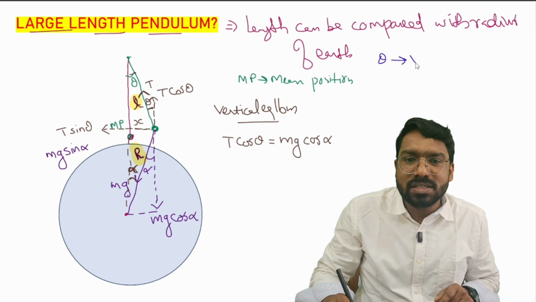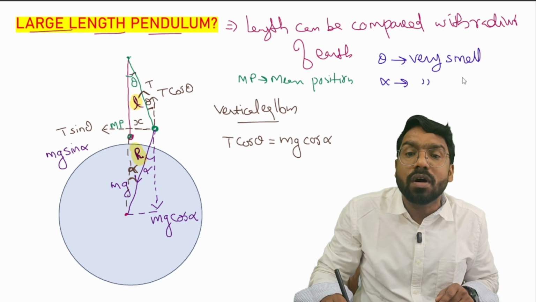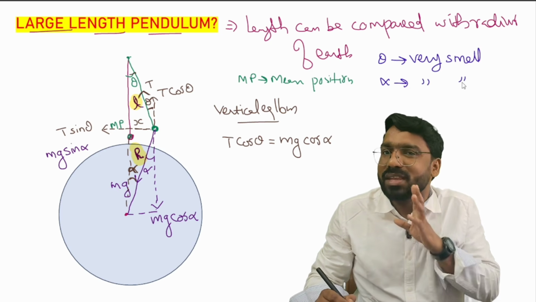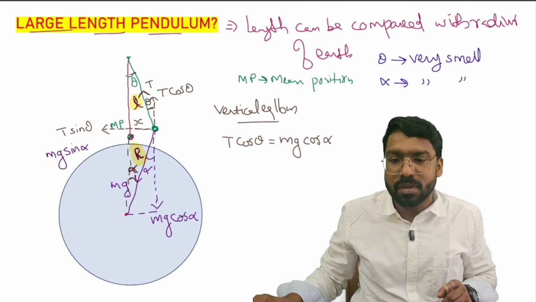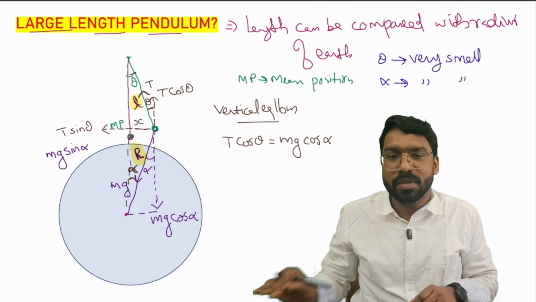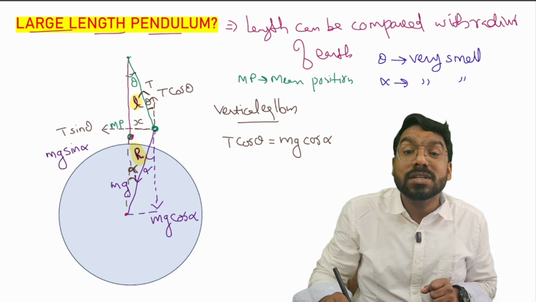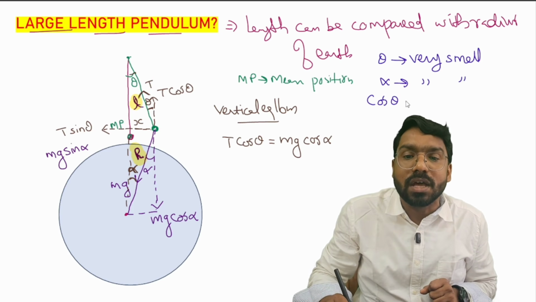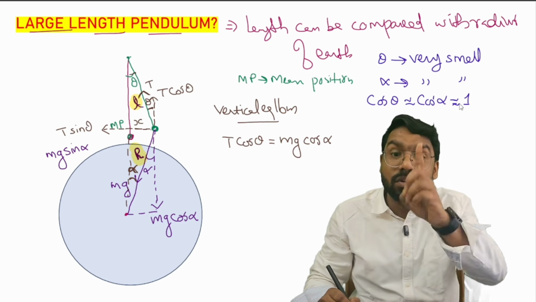When theta is very small, alpha also should be very small. For a very small angle, what is the value of cos? Cos theta and cos alpha are approximately equal to 1.